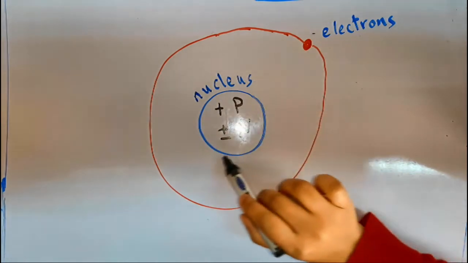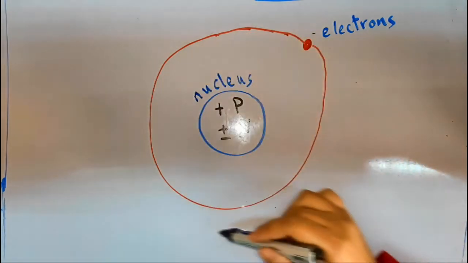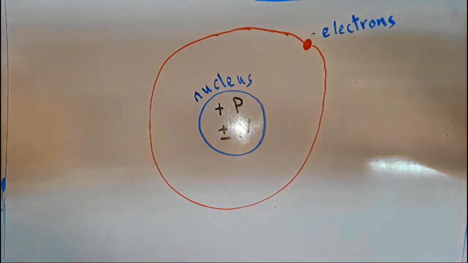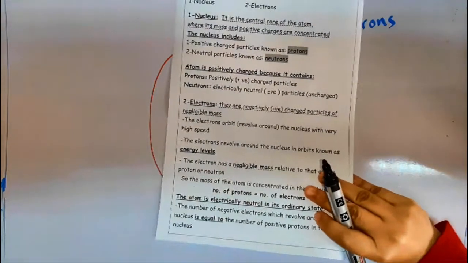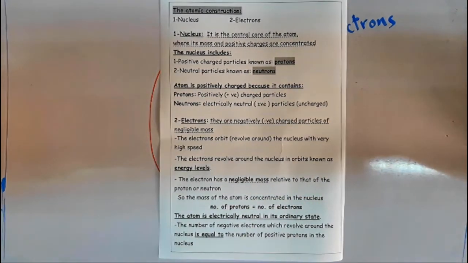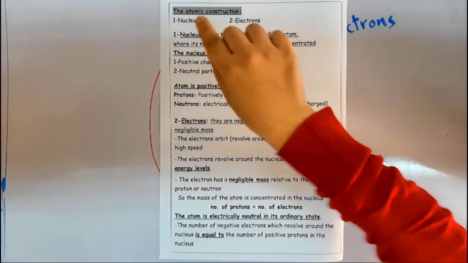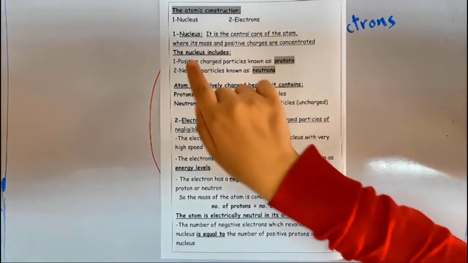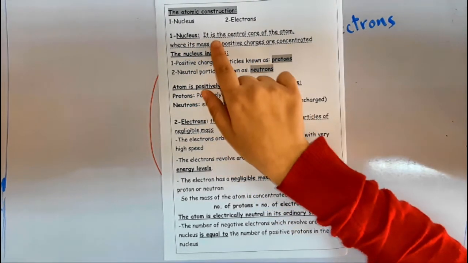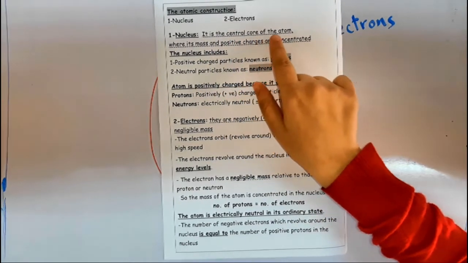And around this nucleus electrons revolve. The atom consists of two parts, which are nucleus and electrons. At first, we will talk about the nucleus. It is the central core of the atom.